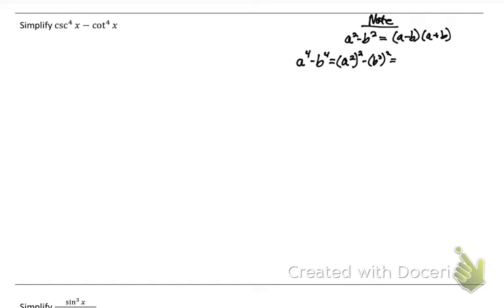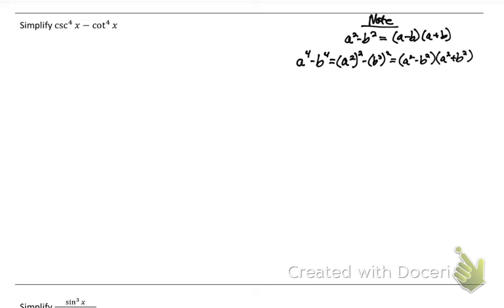So I could rewrite this, and instead of it being a minus b squared, this is an a squared squared minus b squared squared. So these are actually my a's and my b's. So I could rewrite this as a squared minus b squared times a squared plus b squared. I have the exact same thing being squared. I have a squared squared minus b squared squared. So look at what's being squared. It's the a squared and the b squared.